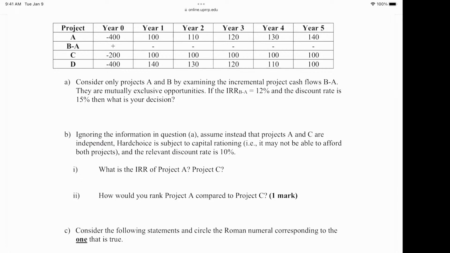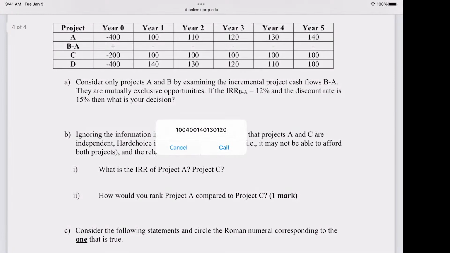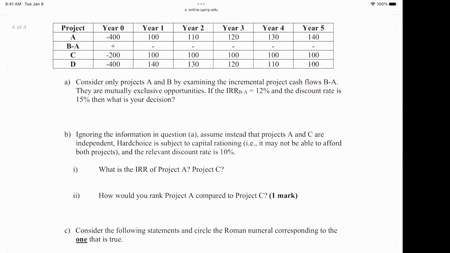Or timing. So in this case, the cash flows are reversed in timing. So that means that A prefers a low discount rate so that the 140 is relatively high.